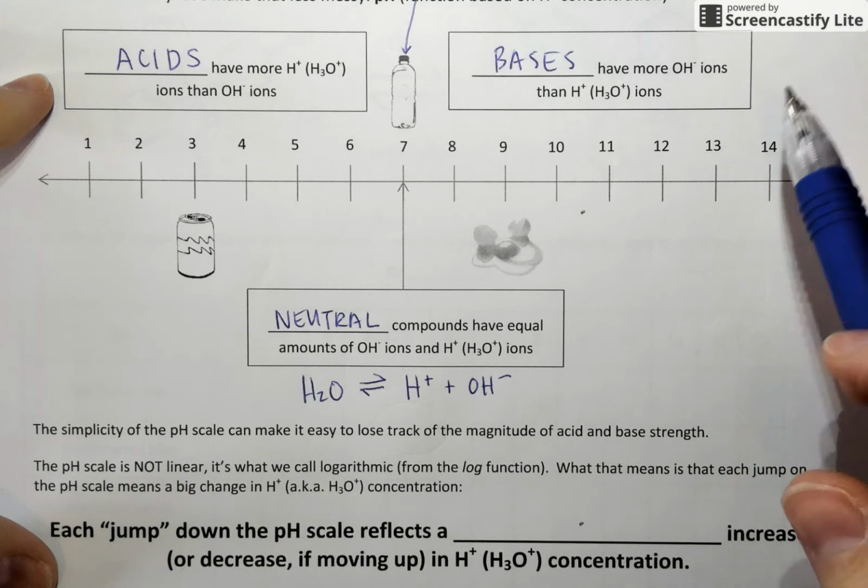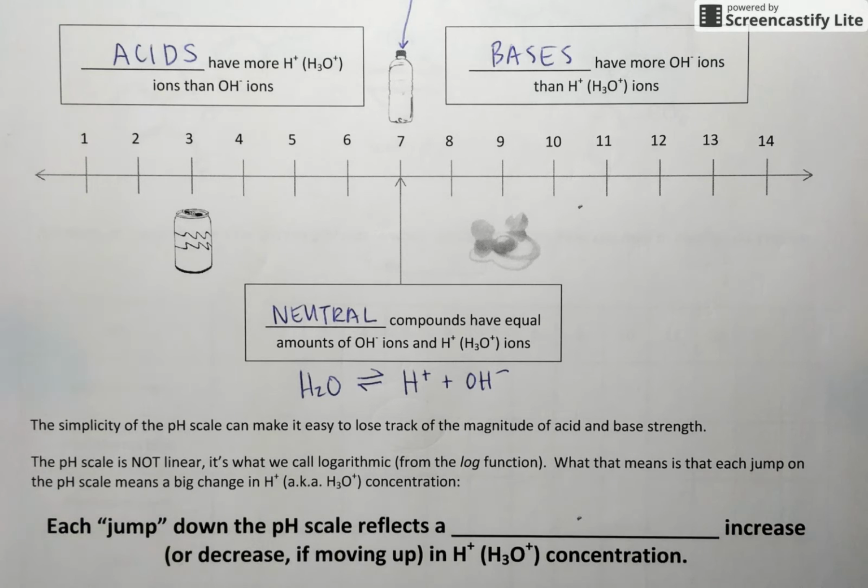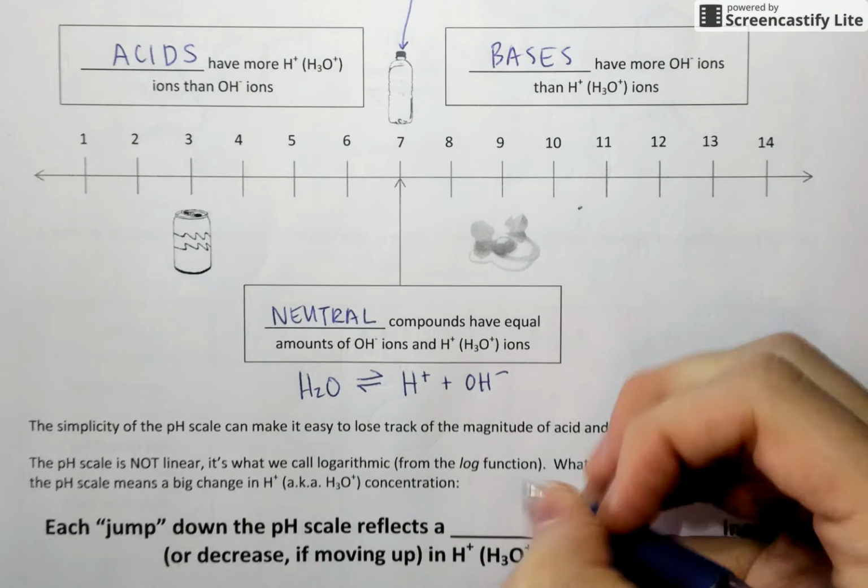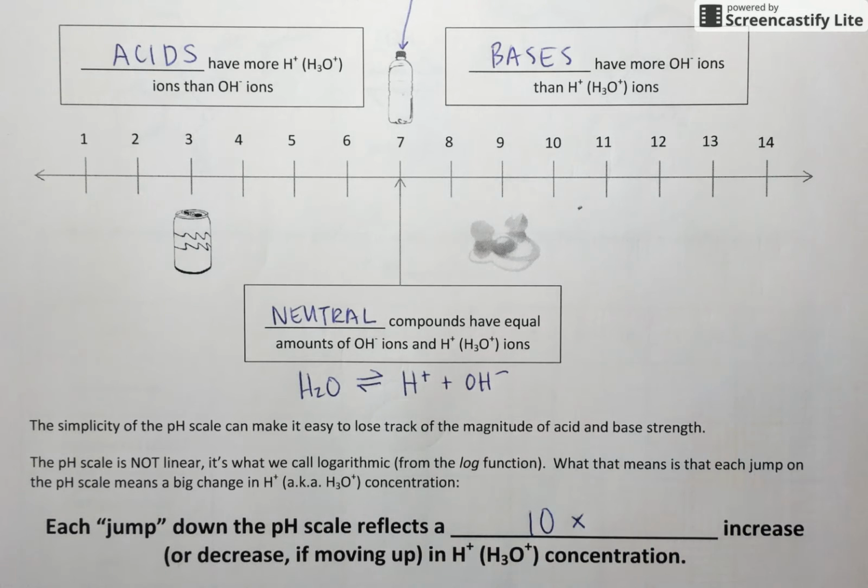Because this scale is based on a mathematical function called a logarithm, every jump we make down the pH scale reflects a 10 times, or tenfold, increase if we're moving down, or decrease if we're moving up, in H+ concentration.